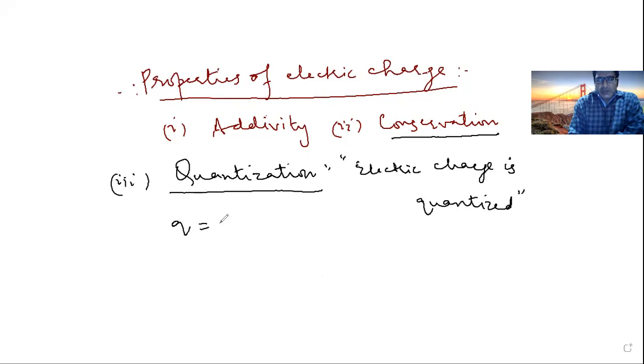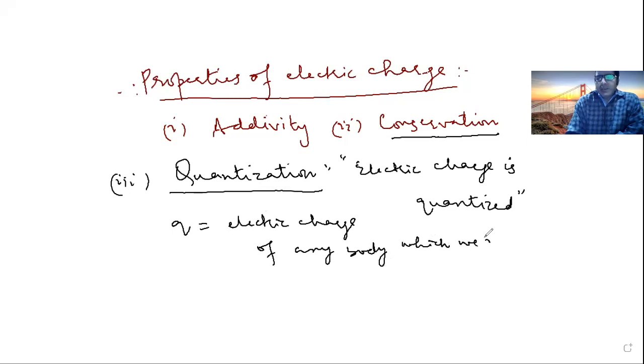If Q is the electric charge of any body, which we measure directly, then it has the property that it always obeys this equation: Q is equal to plus minus N E.